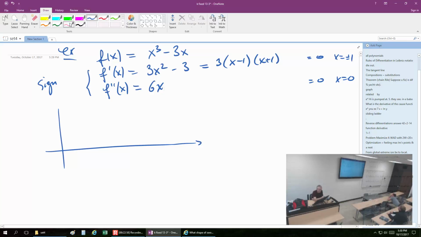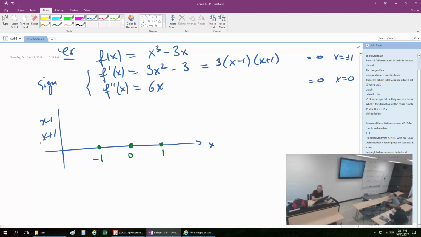I marked them on my graph, so this is 0, -1, and 1, and they will be separating, just like with that picture we just had, the different behaviors or different patterns. So I list my derivative first. So it will have x minus 1, x plus 1.